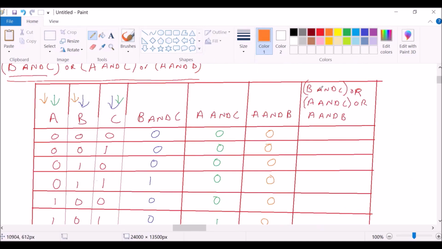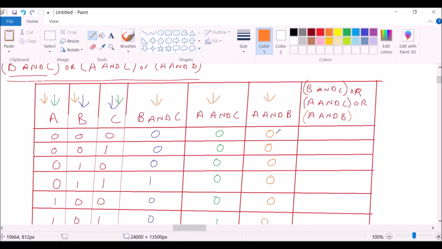Then we go to this one, B and C, or A and C, or A and B. Now the OR gate will give us a 1 if any one of these is 1, otherwise we'll have a 0.